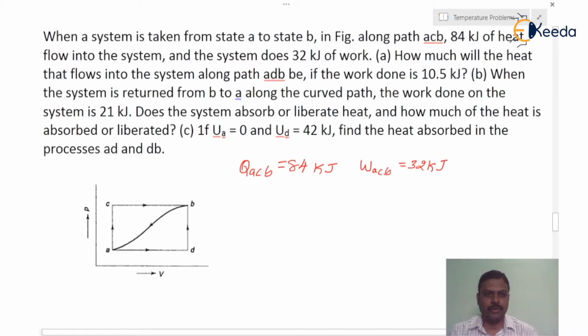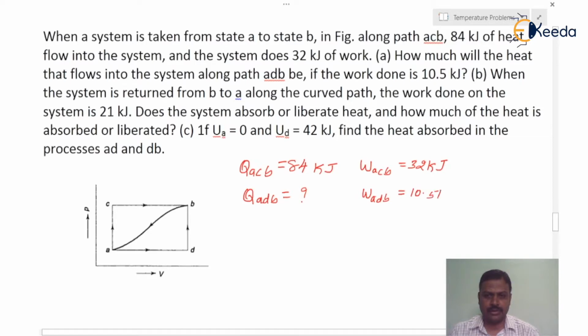And how much will be the heat that flows into the system along the path ADB if the work done is 10.5 kilojoules? So for that we should find out QADB when WADB is 10.5 kilojoules.